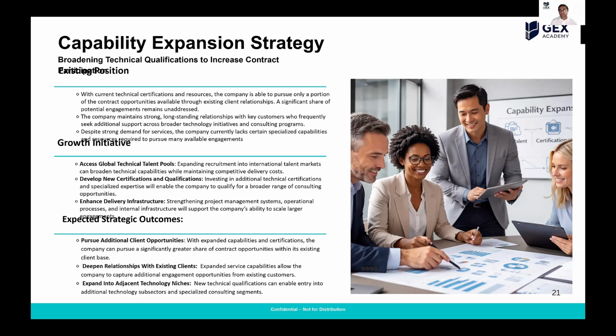So the slide begins by describing the company's existing state. According to management, TechNova has developed strong client relationships and regularly receives visibility into a broader set of contract opportunities than it's currently able to pursue. However, because of limitations related to technical certifications, specialized expertise, delivery resources, and operational capacity, the company is only participating in a portion of the opportunities available within its existing network.